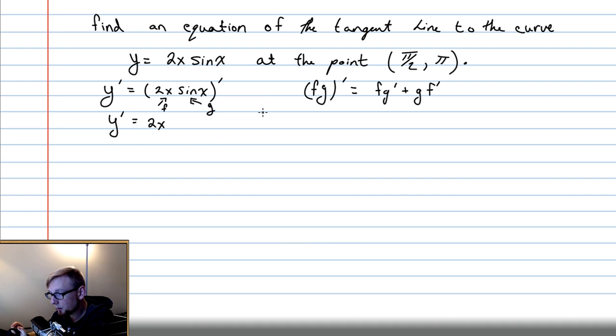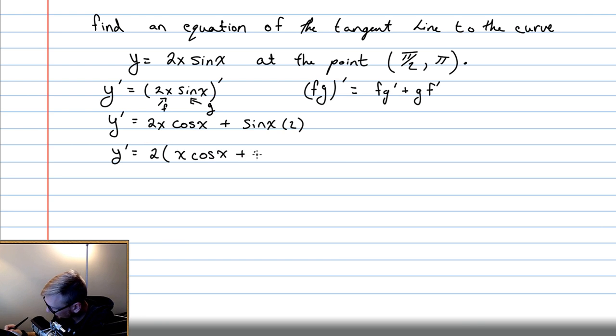G prime, derivative of sine is cosine. And then plus g, which is sine x, and f prime, well, derivative of 2x is just 2. So y prime equals 2x cos x plus 2 sine x.